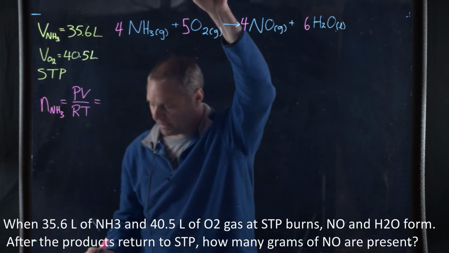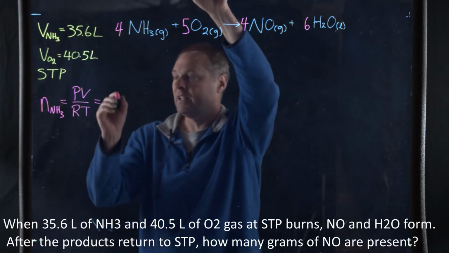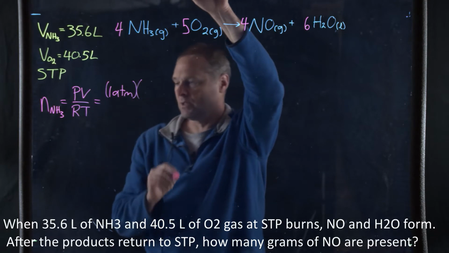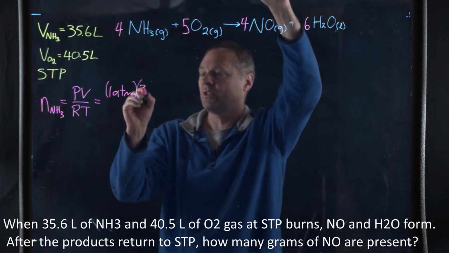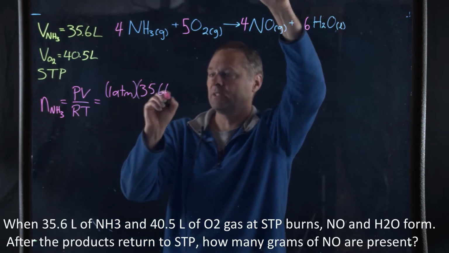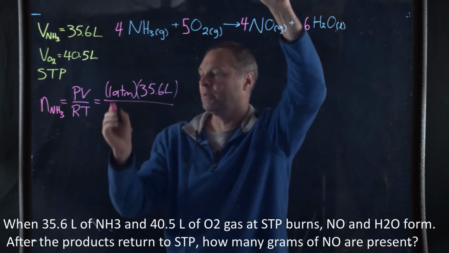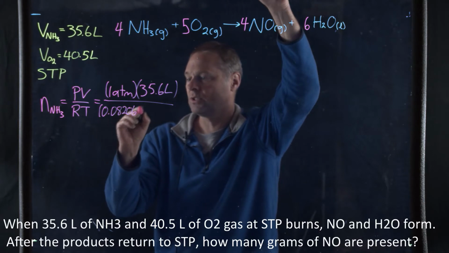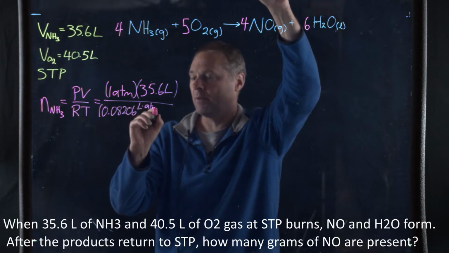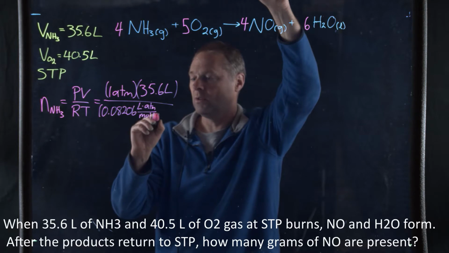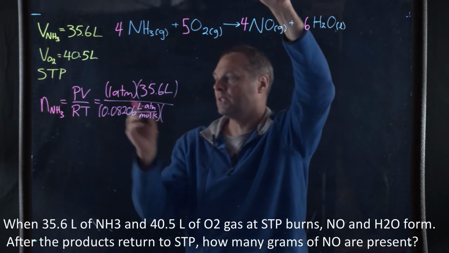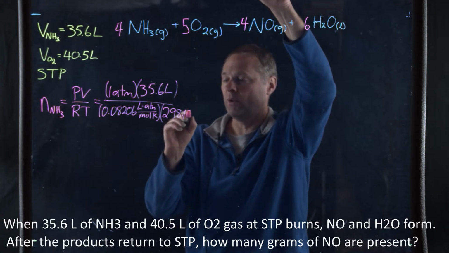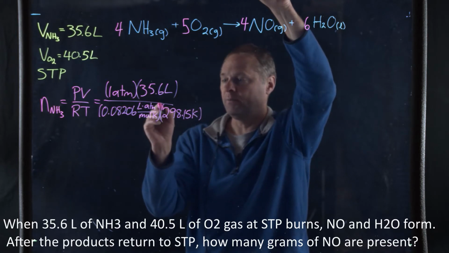And if we plug in that information that we have here, it is 1 atmosphere times the volume, which is 35.6 liters, divided by R, which is 0.08206 liter atmosphere per mole Kelvin, times the temperature, which is standard temperature, that's 298.15 Kelvin.